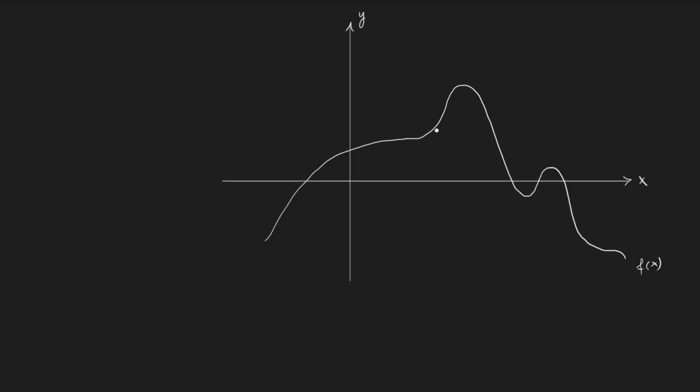Let's consider this f of x function, whose visualization can be seen here in the coordinate system. And so we are dealing with the derivatives. As you can see, there are some local extremas of the function.